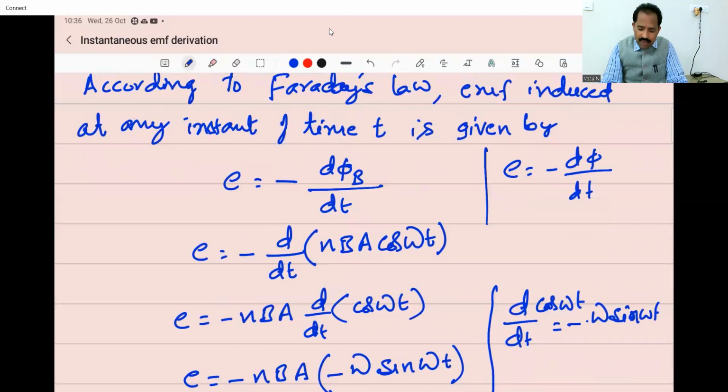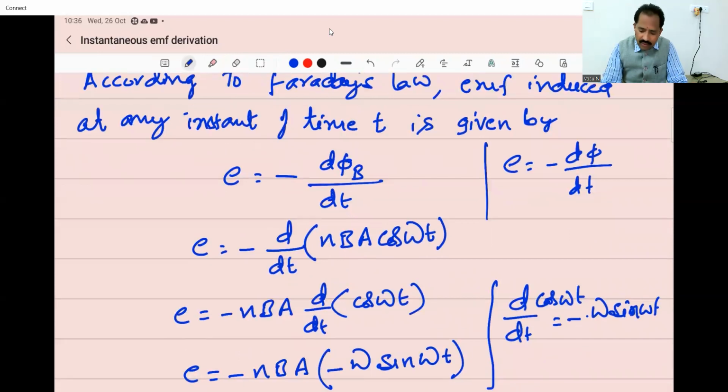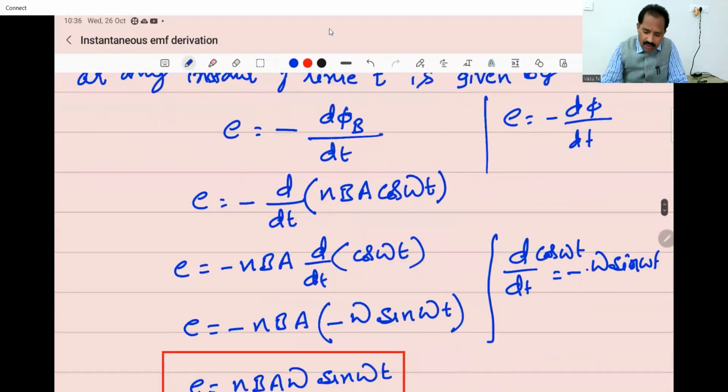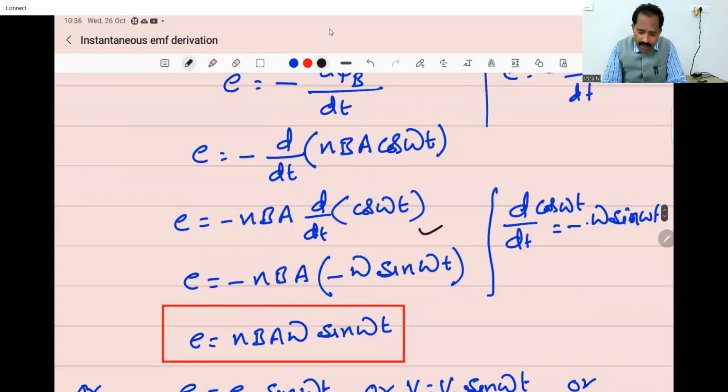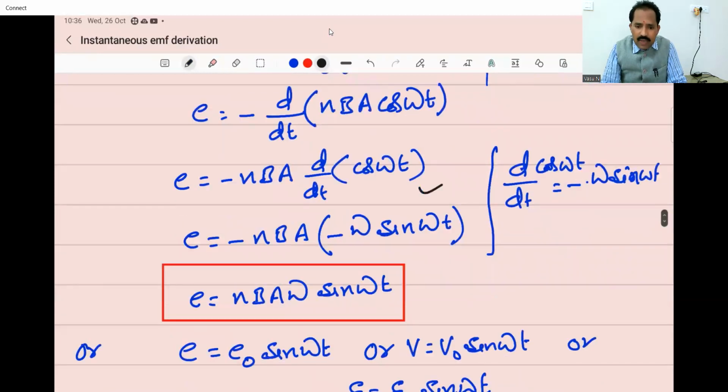Now differentiation of cos omega t is very simple, minus omega sin omega t. So differentiation of cos omega t is minus omega sin omega t. In the last step, minus minus becomes plus NBA omega sin omega t.